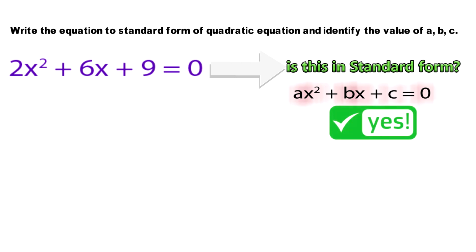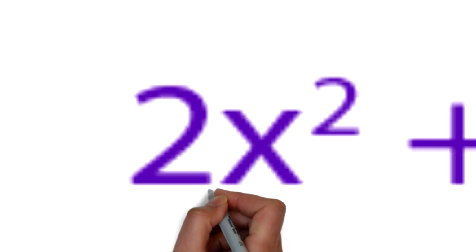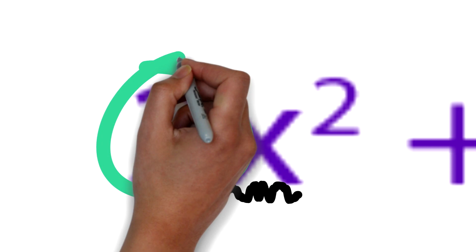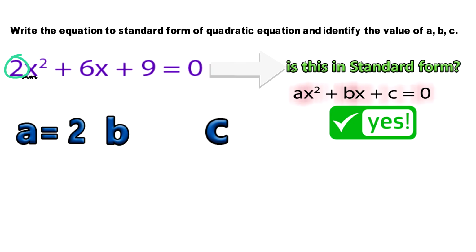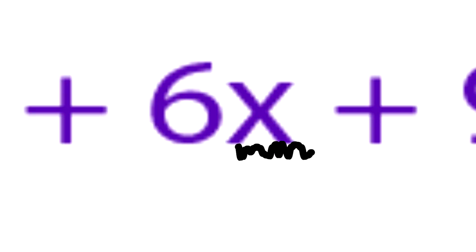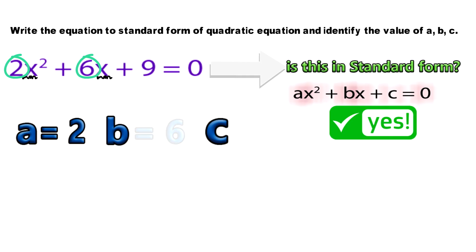Since the given equation is already in standard form, we can now identify the values for a, b, and c. The number beside x squared is positive 2, so that is the value of a. The number beside x is positive 6, so the value of b is equal to 6. And 9 is the constant.